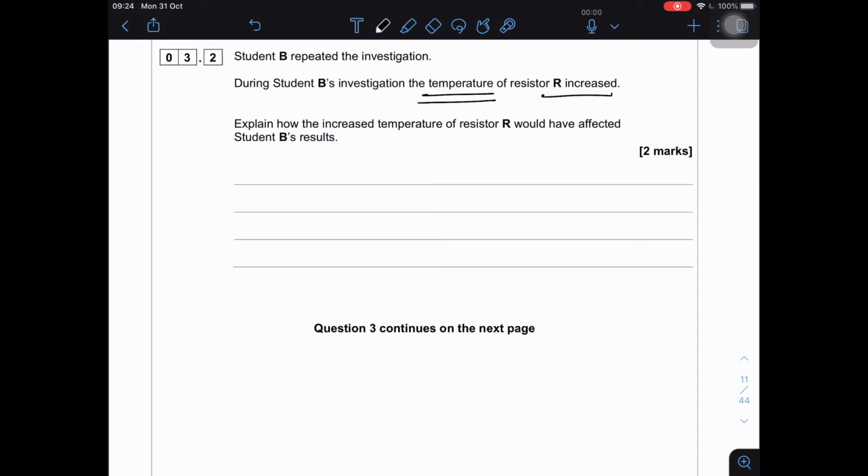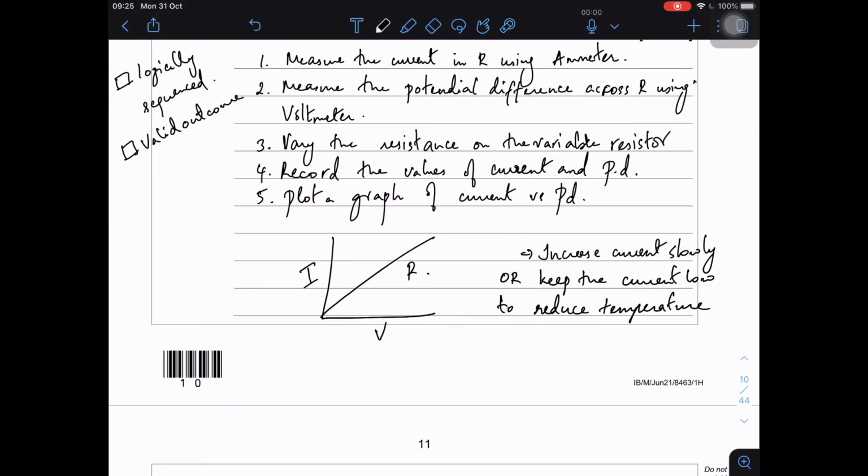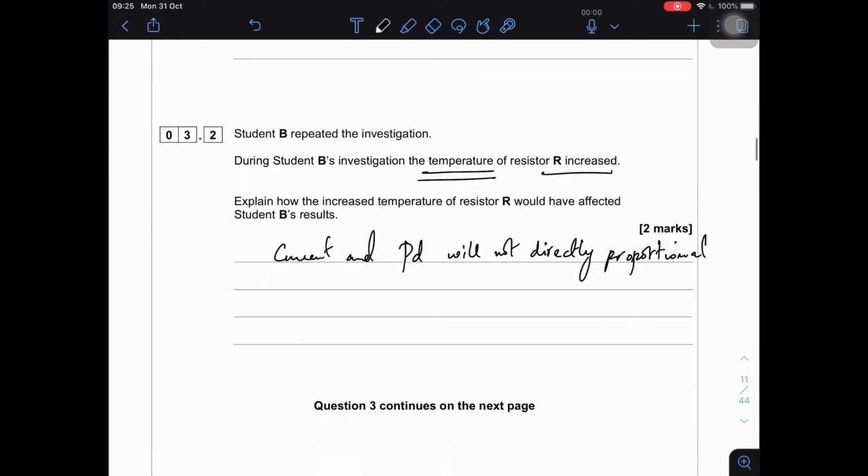Essentially, current and potential difference will not be directly proportional. Meaning, this graph will not have a straight line. It will be curved. It will be something like this.